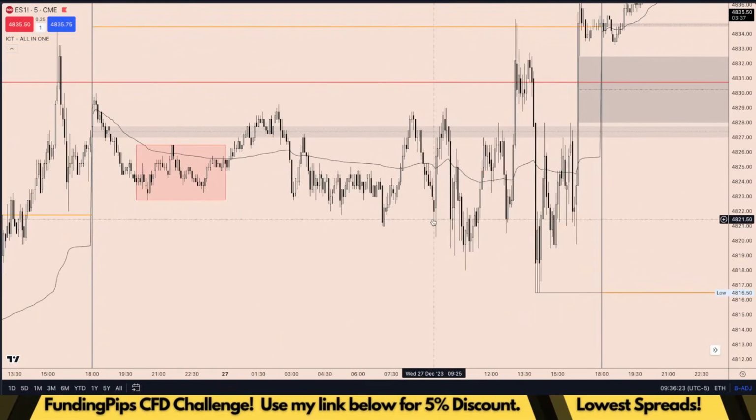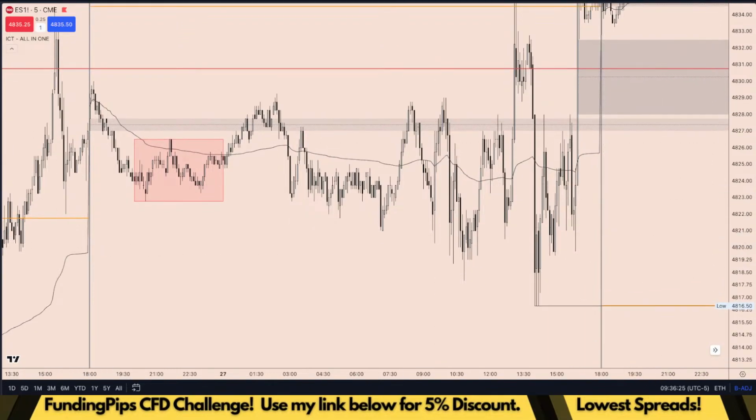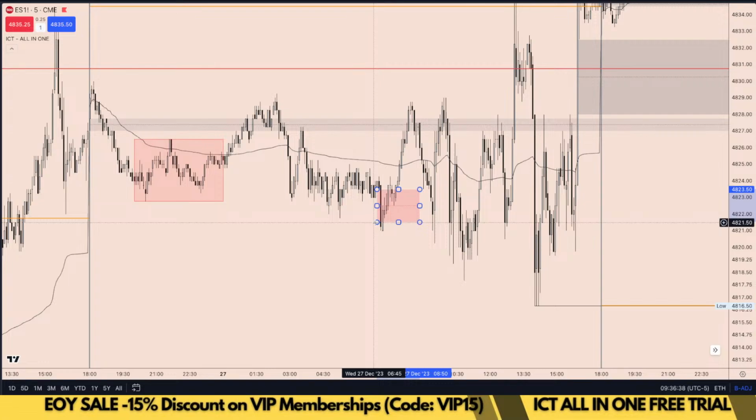But actually yesterday I took a long like this. I also mentioned that on Discord, of this inversion fair value gap right here. After I saw that we took the sell side right here, we took sell side, we immediately pulled back. I entered right on that 50% with my target at the previous day's high.